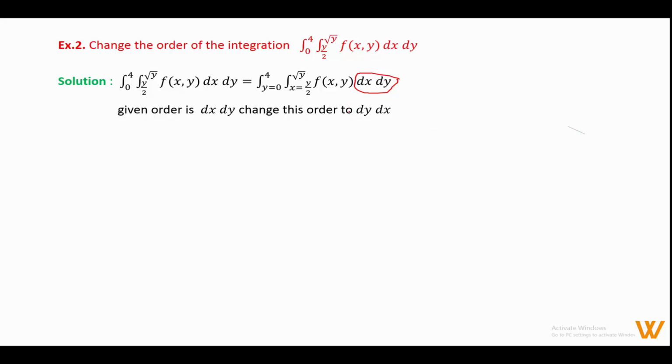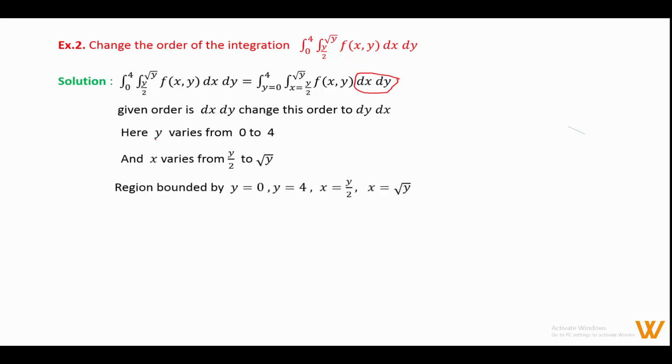Now for the new order, find the limits of integration. For that, first draw the diagram using the given limits. Given limits are y varies from 0 to 4 and x varies from y upon 2 to root y. So the region is bounded by y equal to 0, y equal to 4, x equal to y upon 2 and x equal to root y.